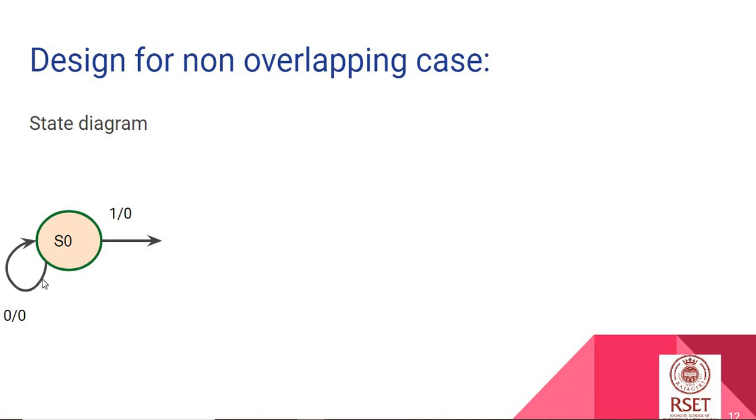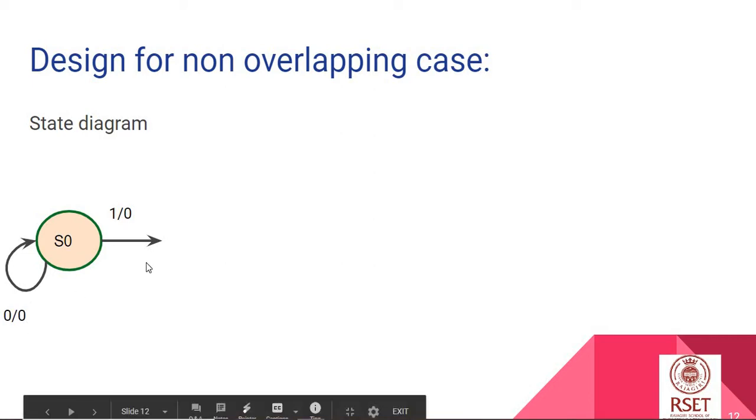So when I get a 0, it means I'm still at the starting point. But when I get 1, I can move on to the next state. That is the condition where I get the first digit of my sequence. But in both cases, I have not obtained the required sequence of 101. So my outputs will be 0 in both cases.